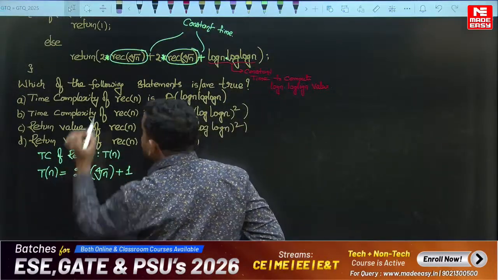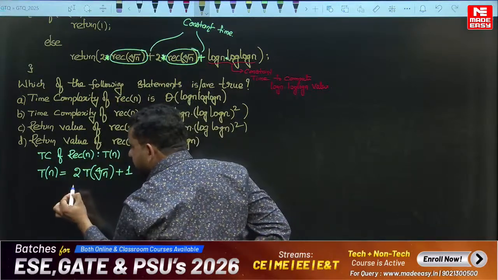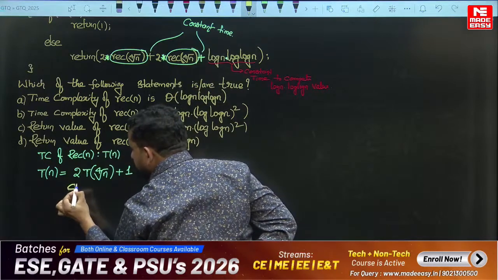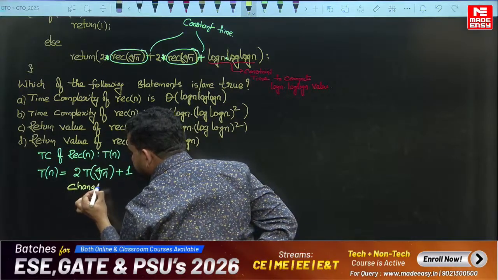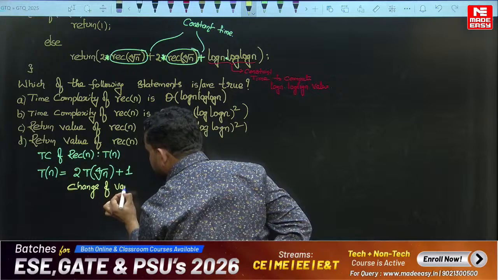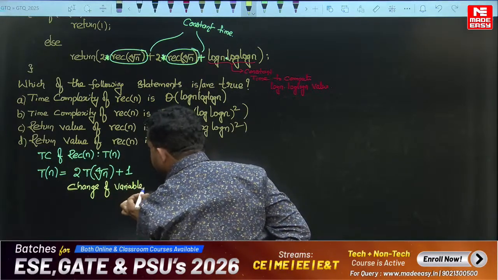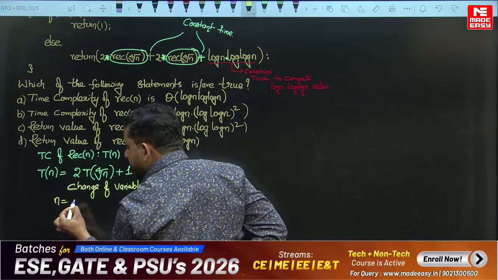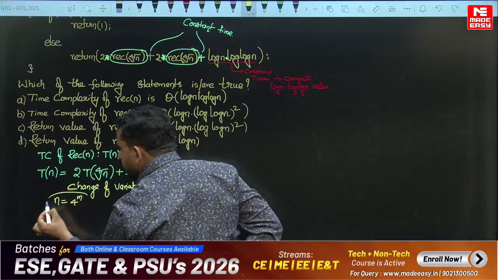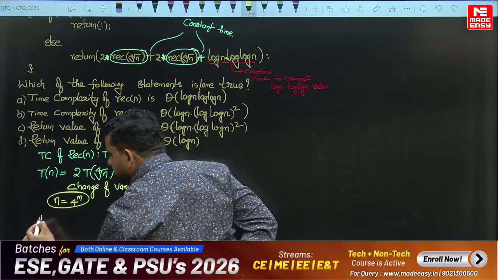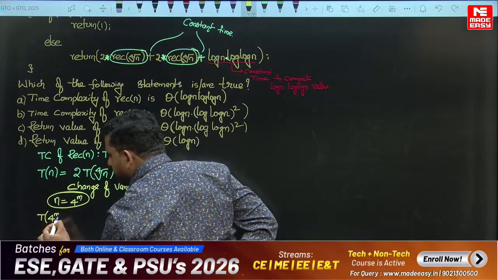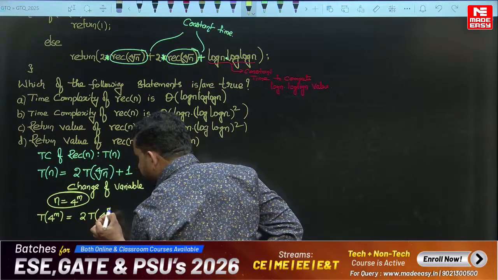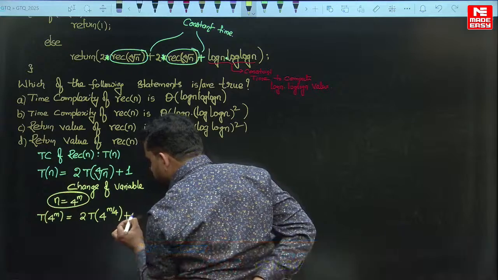You can apply the master theorem with the change of variable concept. I am not going into detail on the procedure. Assume n equals 4 power m. Then T of 4 power m becomes 2 times T of 4 power m by 4, plus constant.